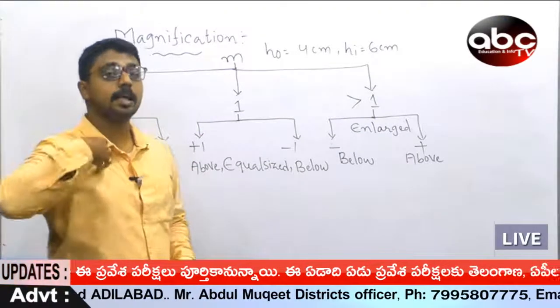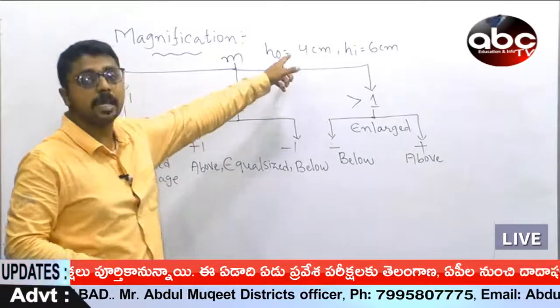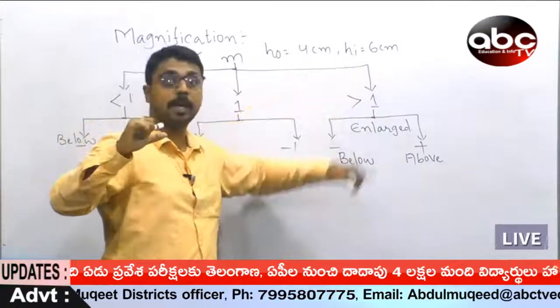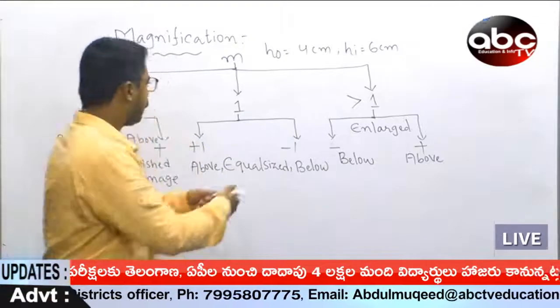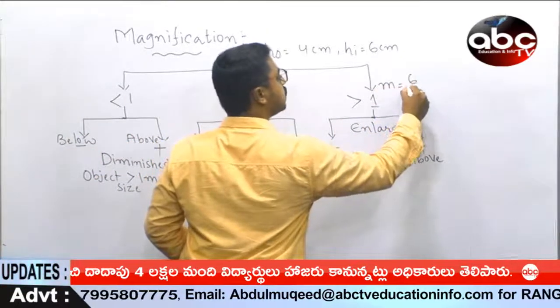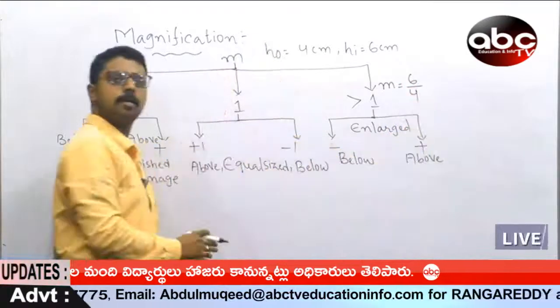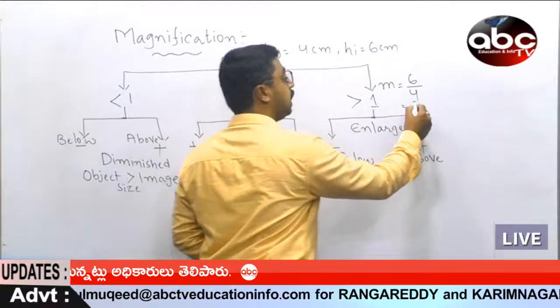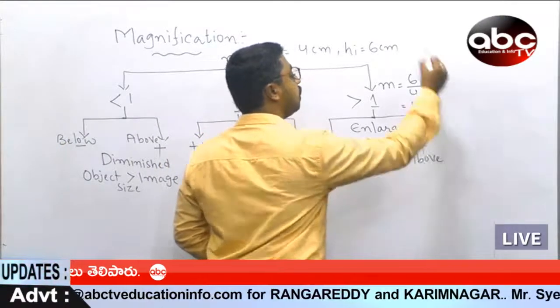What does it tell us? Naturally by seeing itself we can say that the object is of smaller size and the image is of bigger size. So if you go on with this, m is equal to 6 by 4. Naturally you get 1.5.